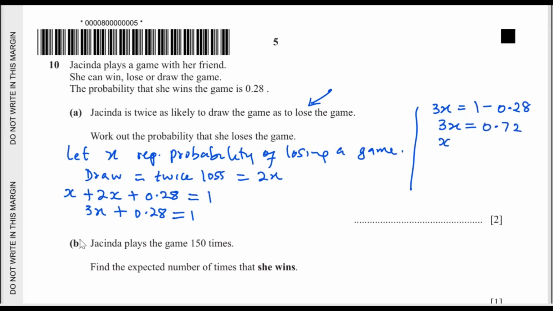So s is going to be 0.72 all over 3, so s is 0.24. Here s represents the probability of losing a game. We are asked to work out the probability that she loses the game, so that probability is 0.24.